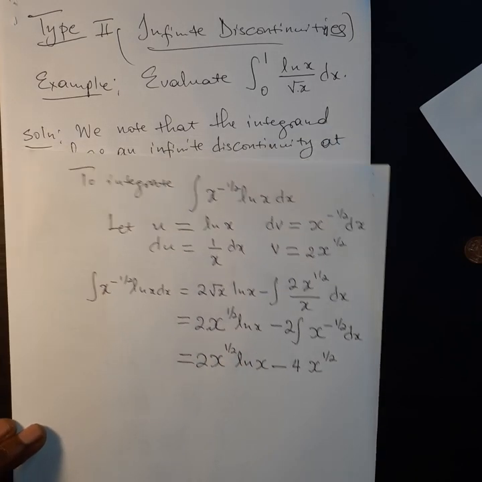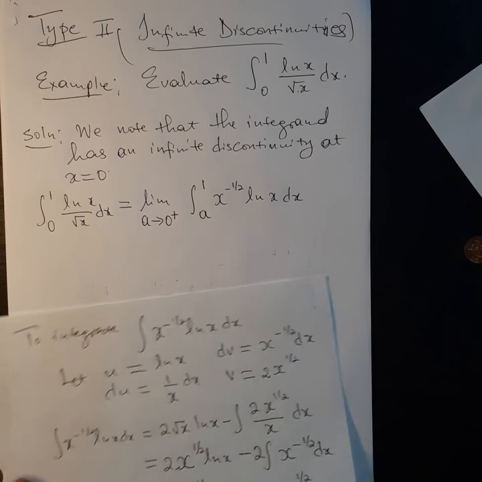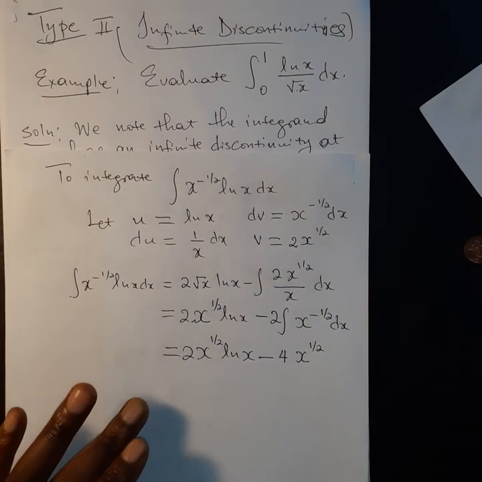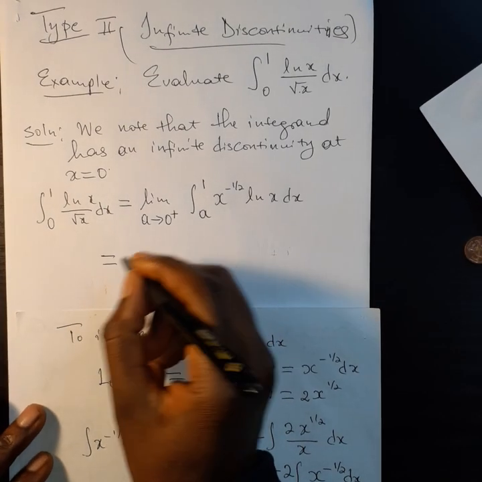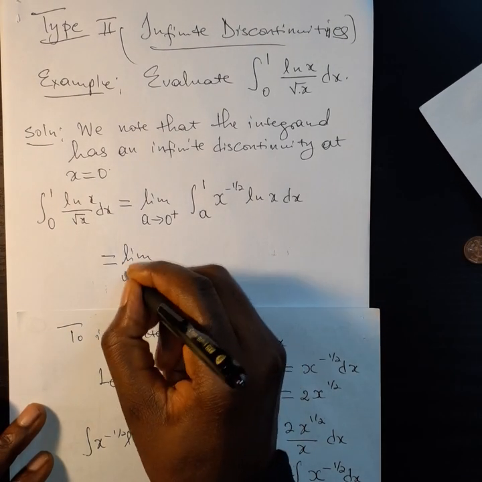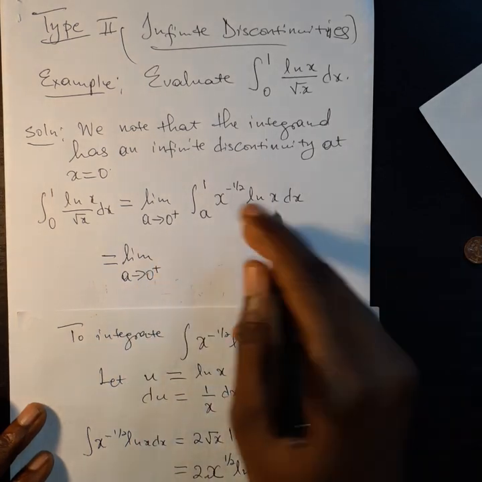So what we are saying is that from what we have done here, this is the limit as a is approaching 0 from the right.